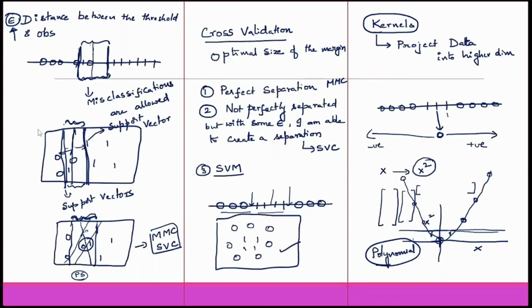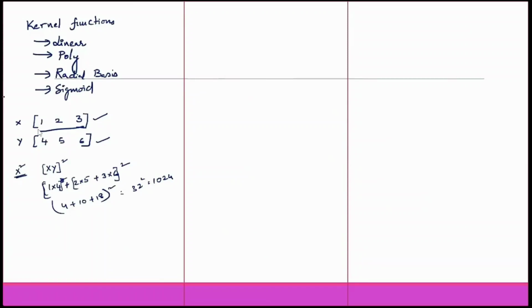Now if I am having x1, x2, x3, y1, y2, y3 kind of variables, and I have to take a square of them, or if I want to take a polynomial kernel, then there is a kind of computation. This can happen in this way to map it to the next higher dimension.